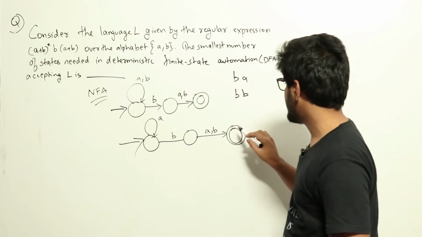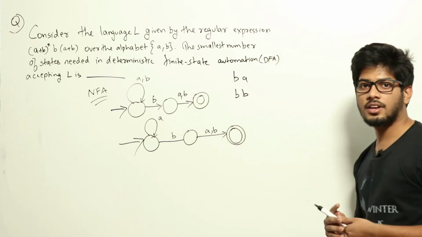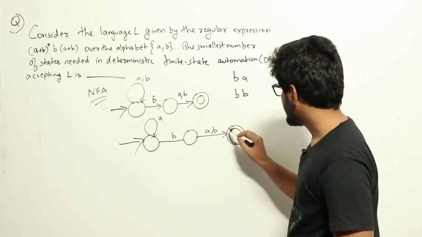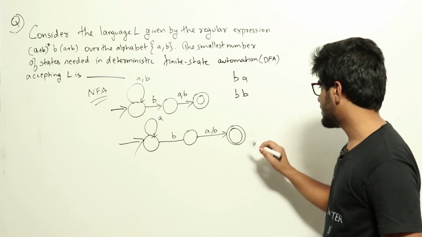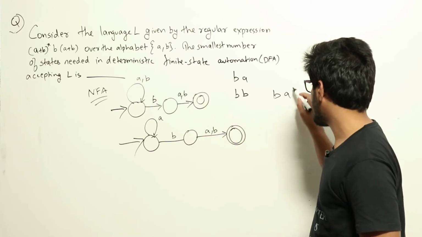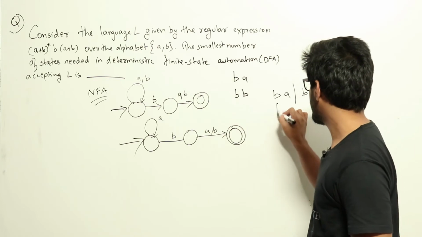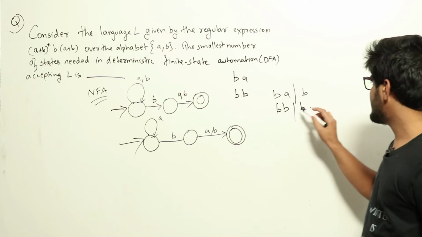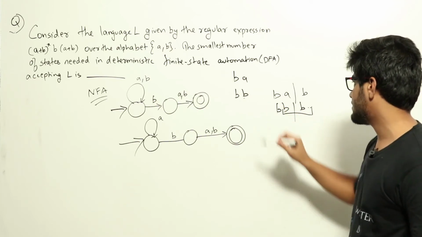Now from this state I need to write transitions for input symbols A and B. So let us see that. If the next symbol is B, there are two ways of reaching this state. One is BA, we saw B and A and now we are looking at B, or the other is BB, we saw B, B and reached this state and now we are looking at B. If this is the case, we'll see that the last two symbols are BB, which is again the accepting state.